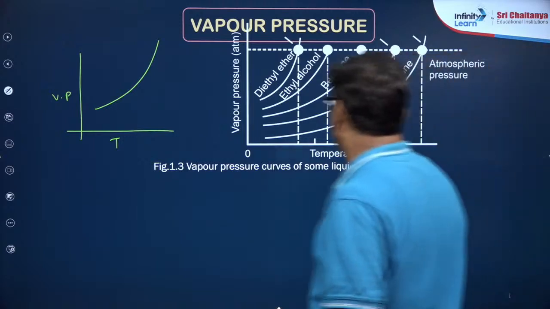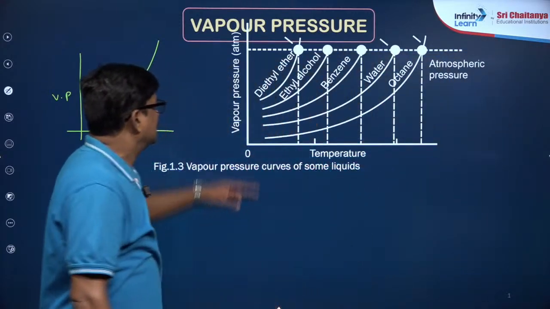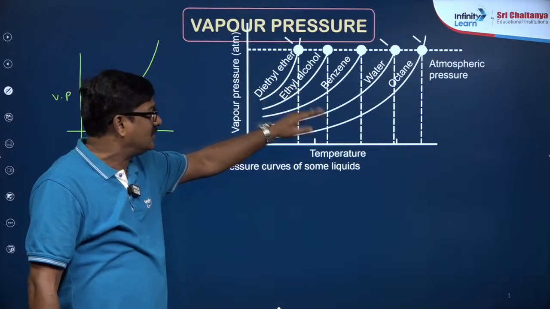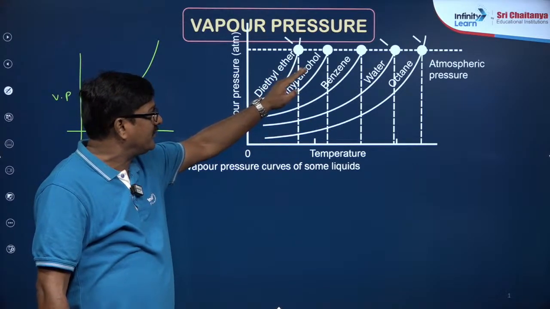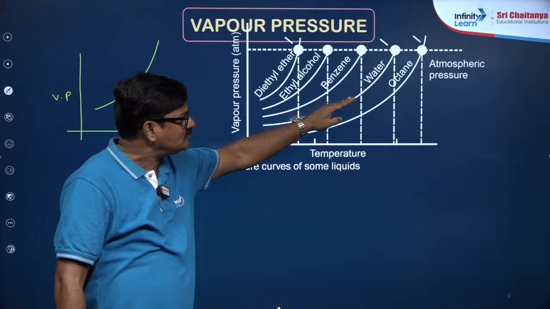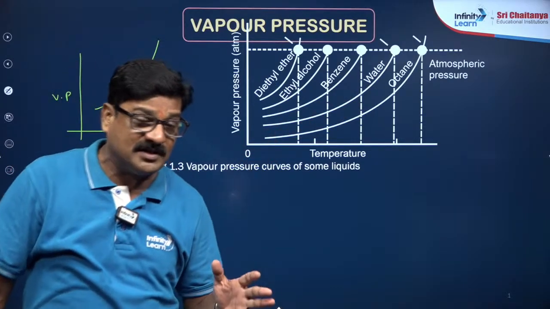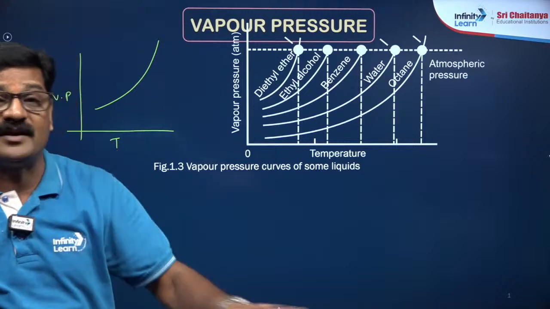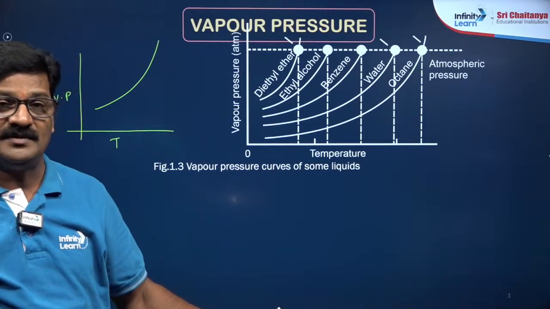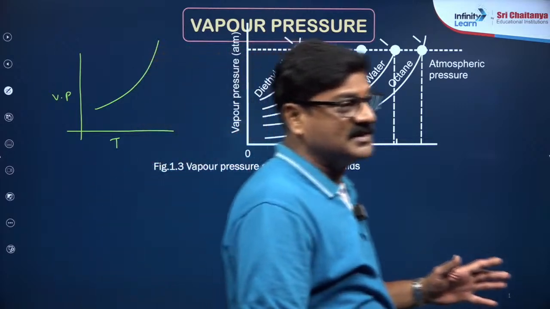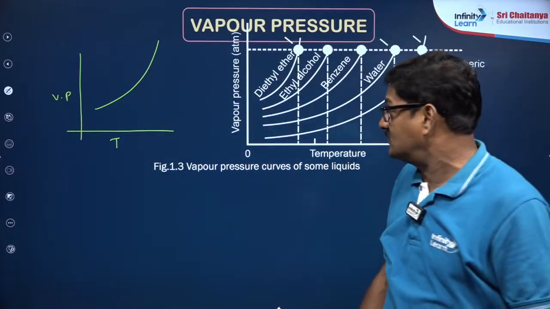For diethyl ether, ethyl alcohol, benzene, water, octane, as molecular weight increases, vapor pressure decreases. This vapor pressure is linked to every colligative property. The total topic of solutions and colligative properties is connected to vapor pressure.